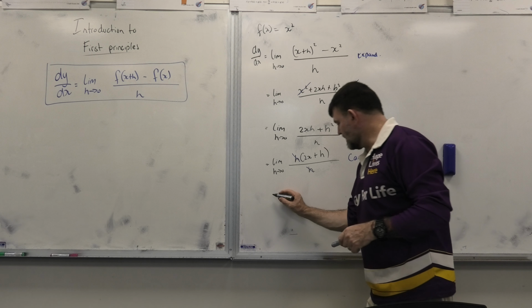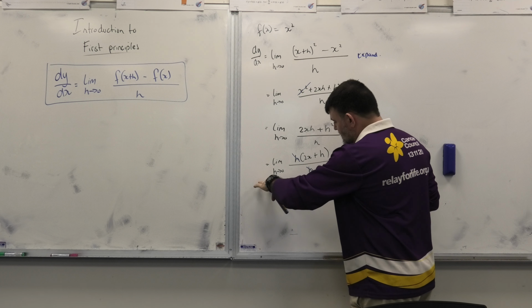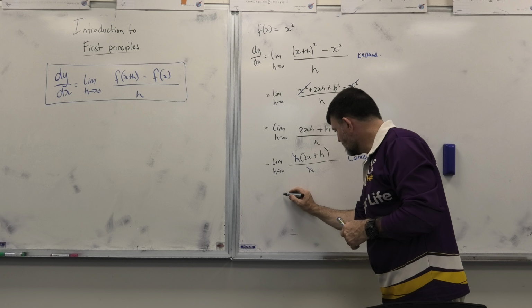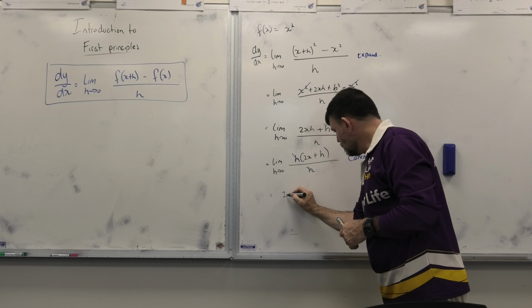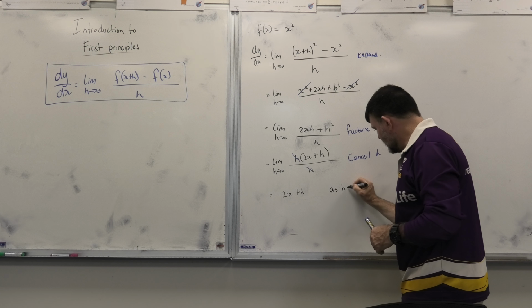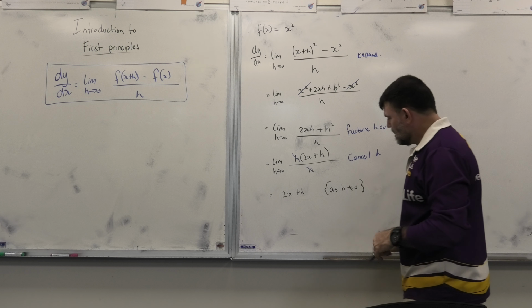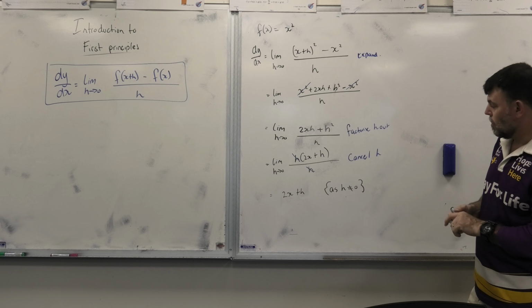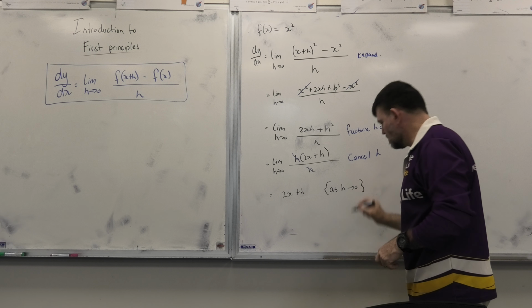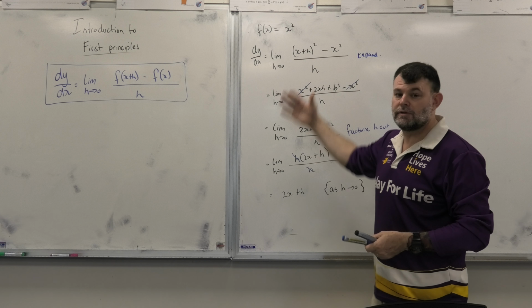And now I can write here, I'm no longer going to write the limit as h approaches 0. What I'm going to say is this is equal to 2x plus h, where h cannot equal 0. So we're basically saying h approaches 0. So I replace h with 0, and I'm just left with my derivative function.